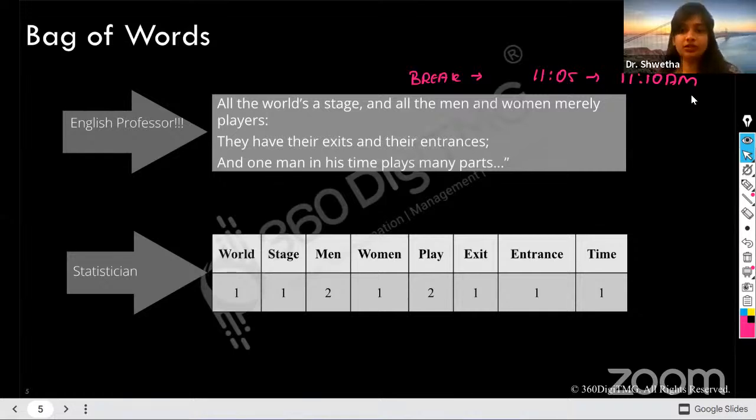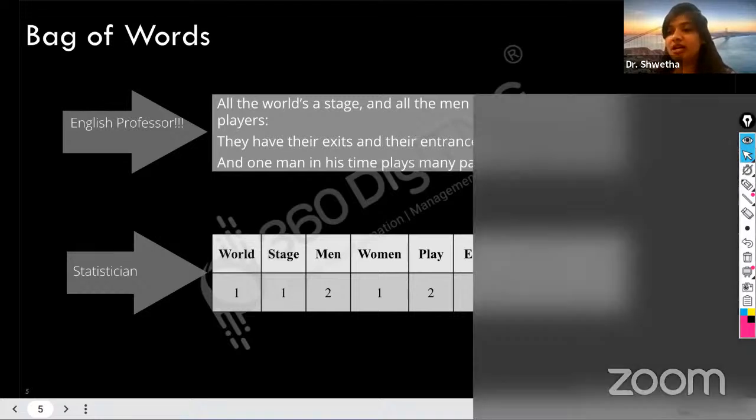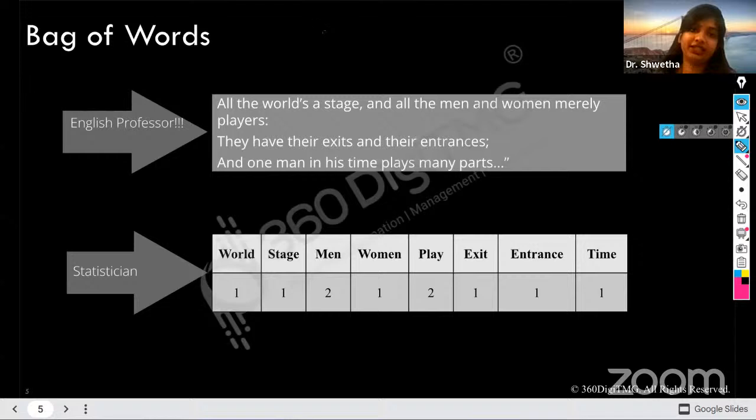Hello everyone. I hope you all are back. So we were dealing with text mining. What is text mining? We try to mine or take insights from unstructured textual data.